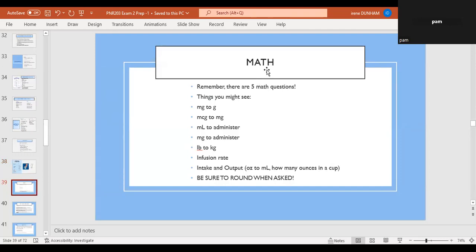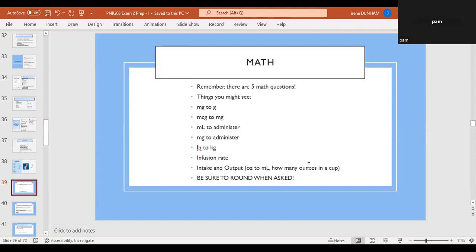Okay, now we're almost finished here. So in the math, remember there are 5 math questions in every test and things you might see. So you want to know your milligrams to grams and micrograms to milligrams, and then mL to administer, mg to administer, and then pounds to kilograms, and infusion rate, and intake and output.